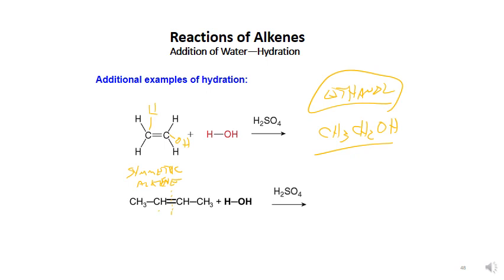You can stick the H and the OH, or the OH and the H, and you get the same molecule, which is CH3CHOHCH3. The OH is on the second carbon. If we'd have stuck the OH on this side instead, the OH would be on the second carbon. So it's the same exact molecule.